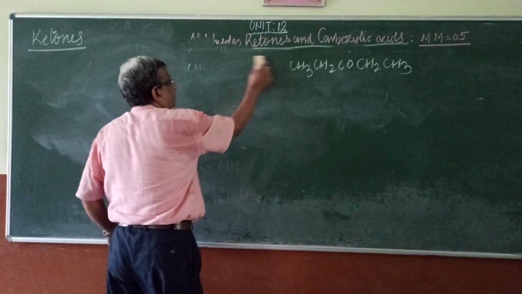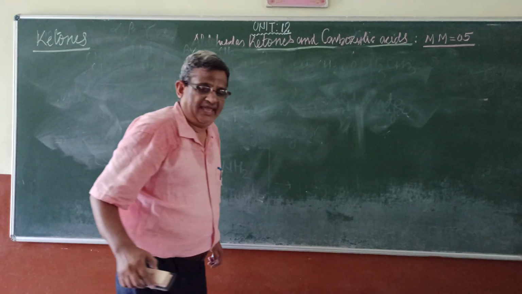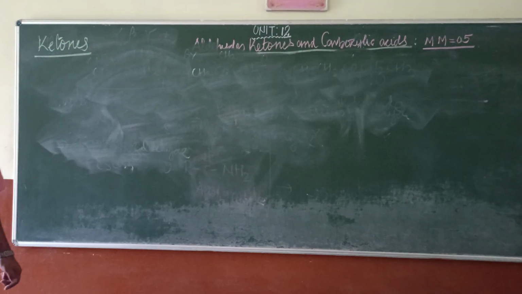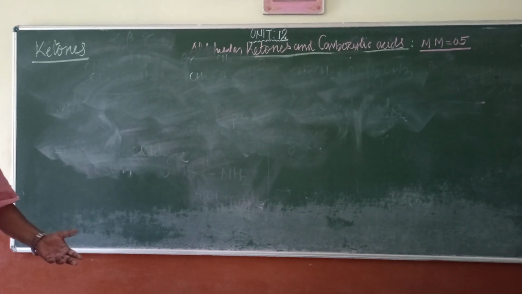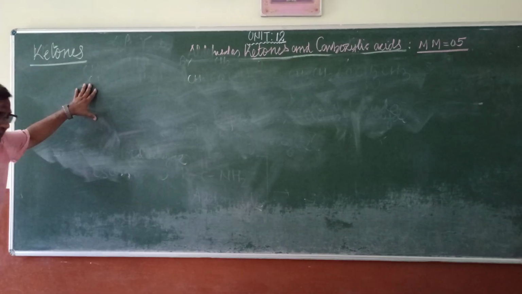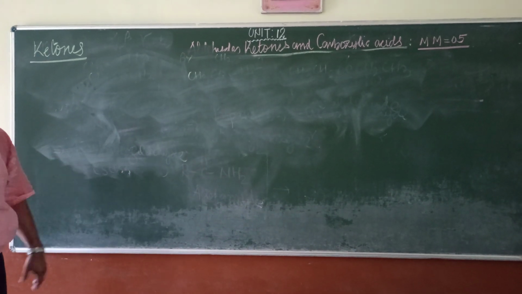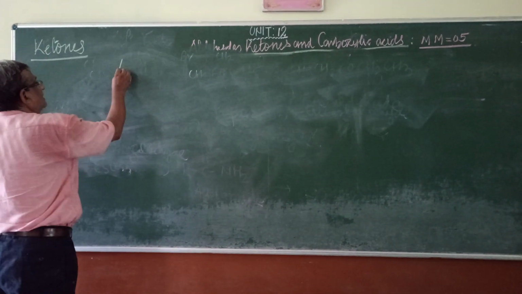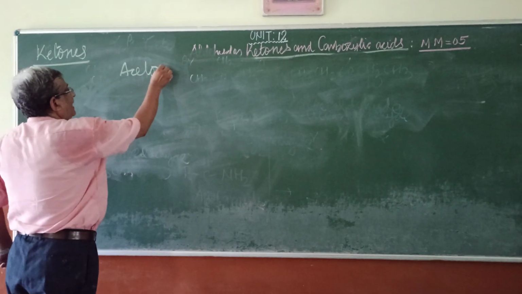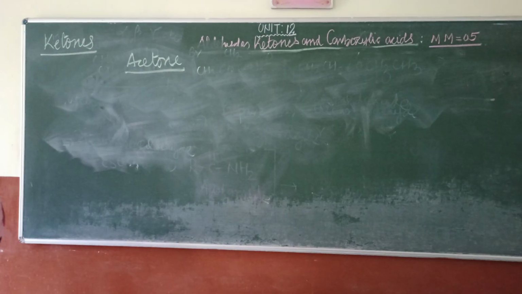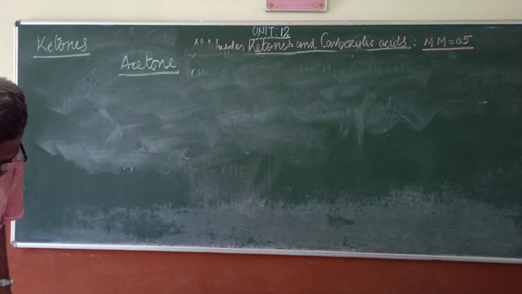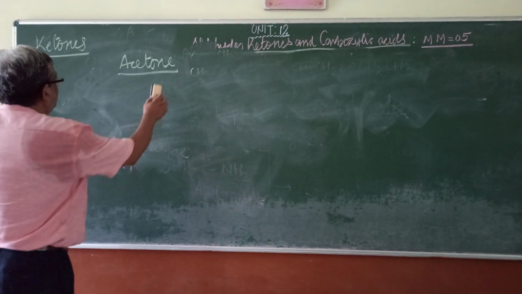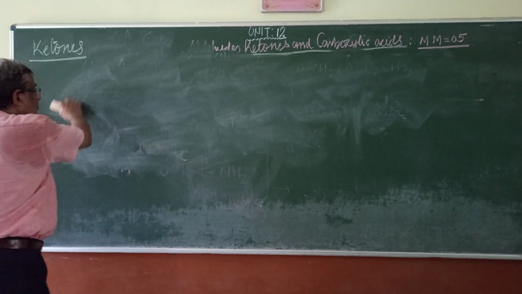I hope you have understood this, and now I will tell you some of the ketones are known by their old popular names. For example, dimethyl ketone is still known as acetone, and we commonly, as well as in IUPAC, always refer to it as acetone. Now coming to aromatic ketones.